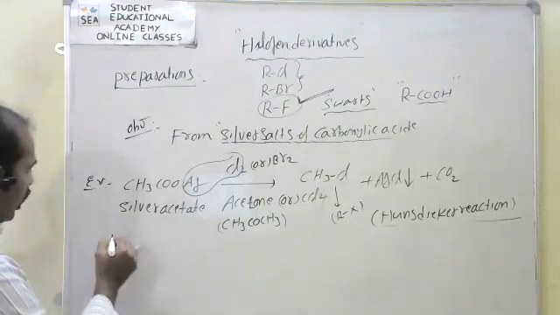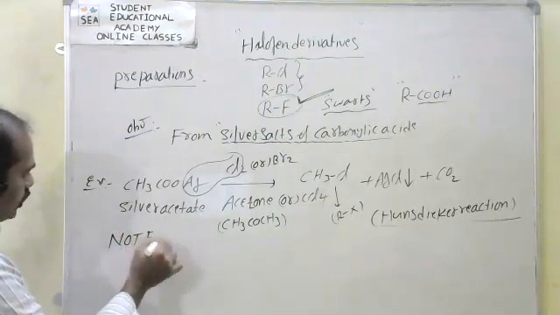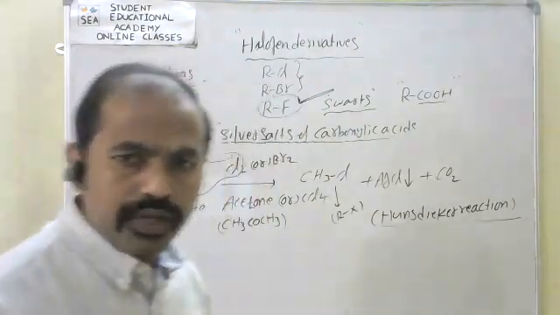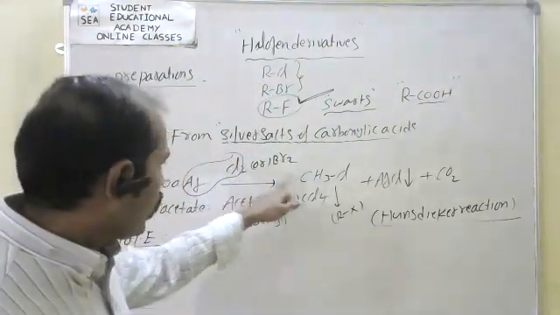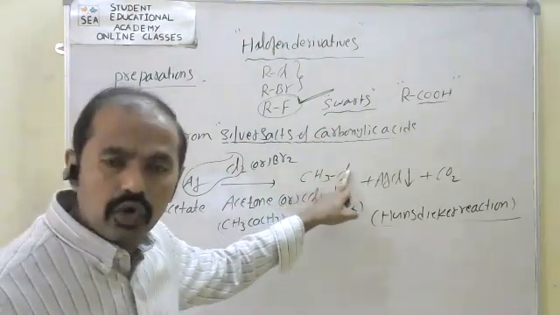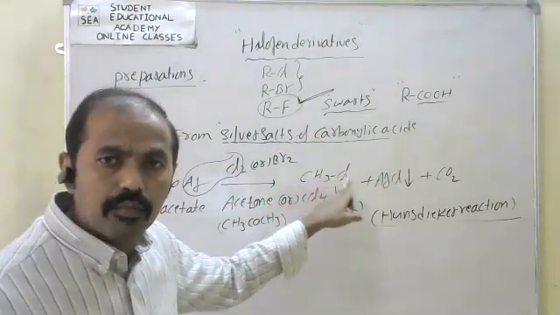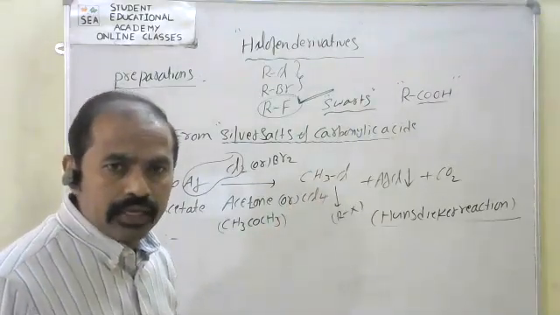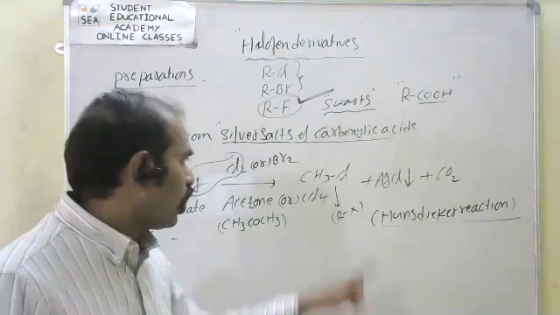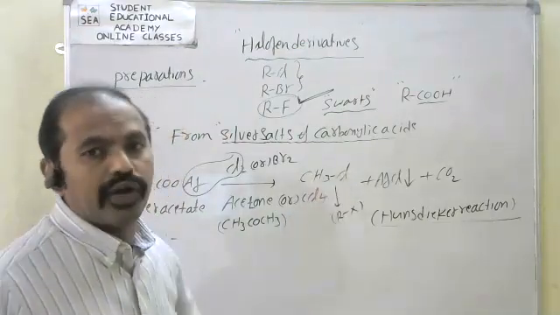Okay, here I have given one note. It is only used for the preparation of alkyl chlorides or alkyl bromides. It is not suitable for the preparation of alkyl iodides.